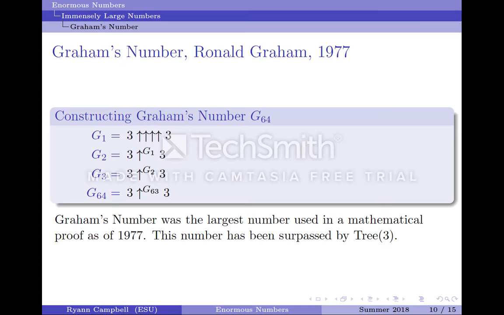Eventually, this number has been surpassed by several other ridiculously large numbers, such as TREE(3). But let's focus on Graham's number since it is such a famous example of up arrow notation.